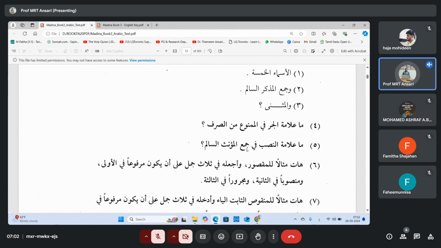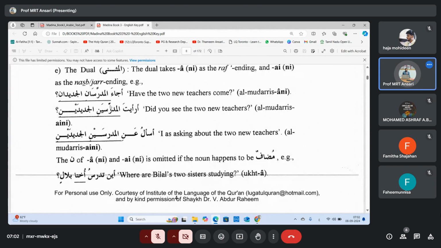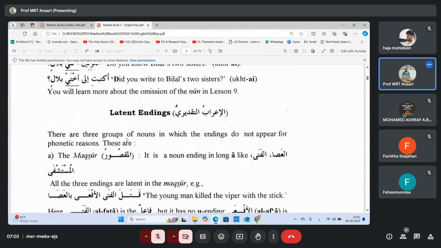In mansub, Ra'aytu Ibrahima, I saw Ibrahim. Sallamtu ala Ibrahima. Again, when you add the preposition ala, Ibrahim takes fatha instead of kasra because it is mamnu min as-sarf. That should be noted.